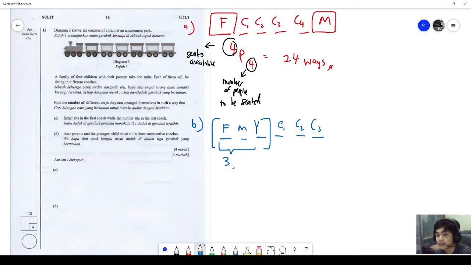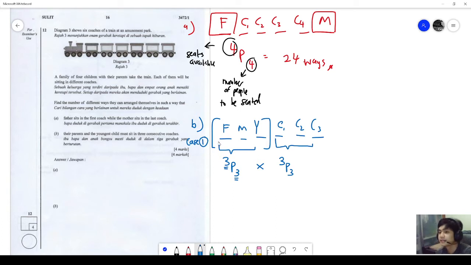So I can call this 3P3 because there are 3 seats and 3 people inside. Also, these 3 children here are considered 3P3 because 3 children, 3 seats, and they can shift between one another. So this is considered to be one case in the arrangement.